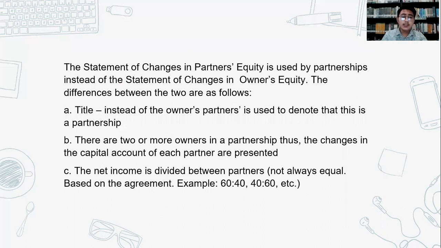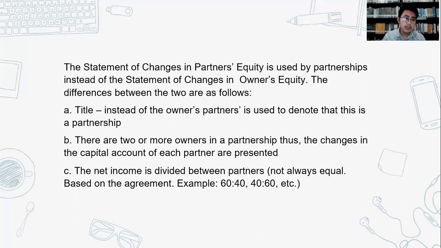Next, there are two or more ownership in a partnership. Thus, the changes in the capital account of each partner are presented. So ibig sabihin po, kapag gagawa po tayo ng partnership statement of changes in equity, we need to put the names and the total numbers of partners sa isang statement.